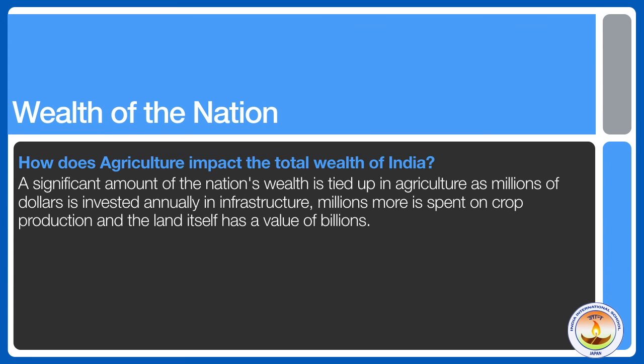And millions more is spent on converting those goods into secondary sector goods. So the aspect of how important the wealth of the nation is and how dependent it is on agriculture, there is no other word to describe this other than extremely important.